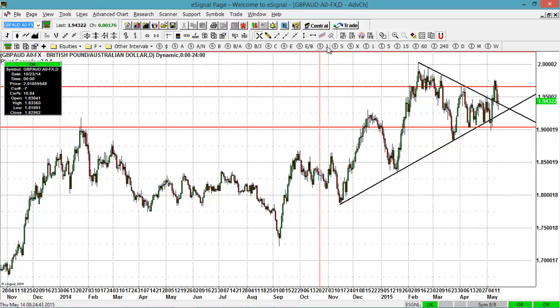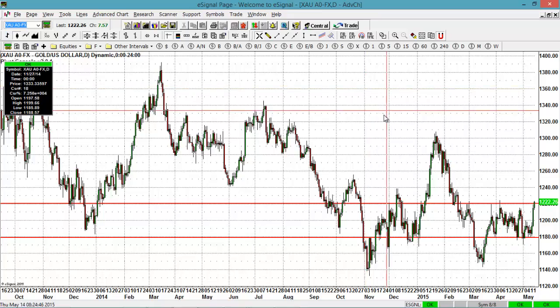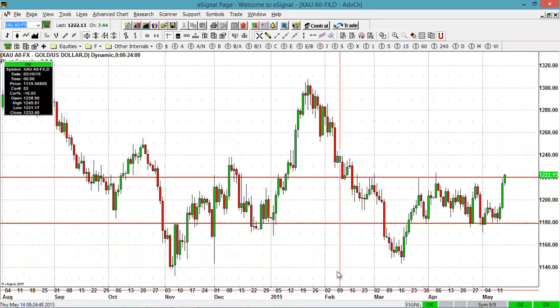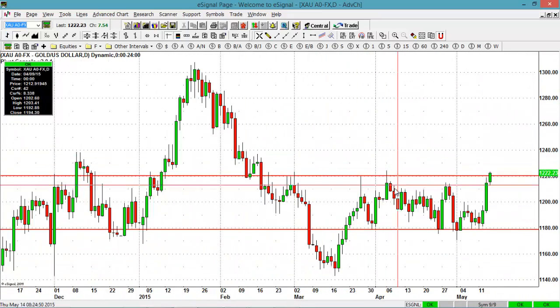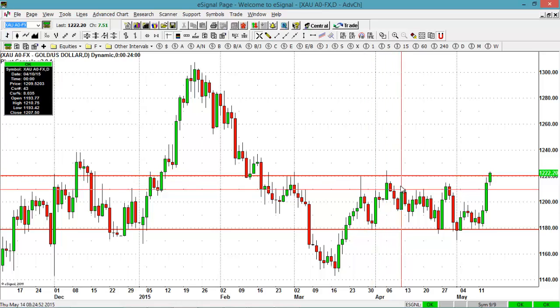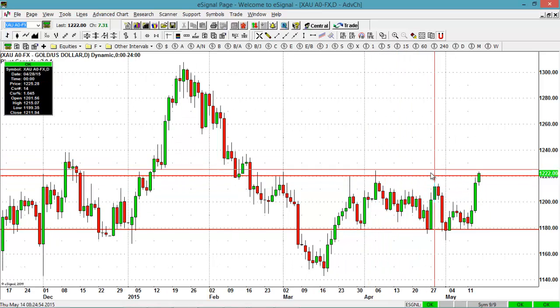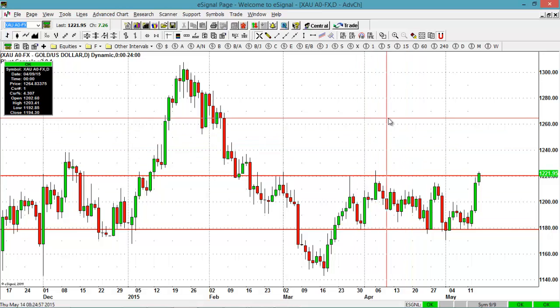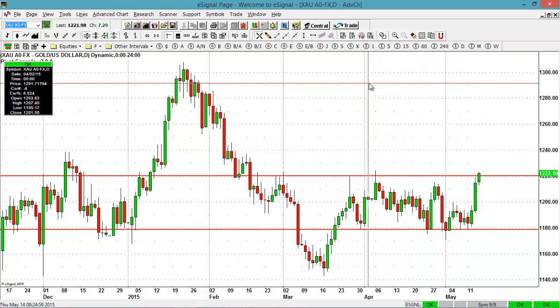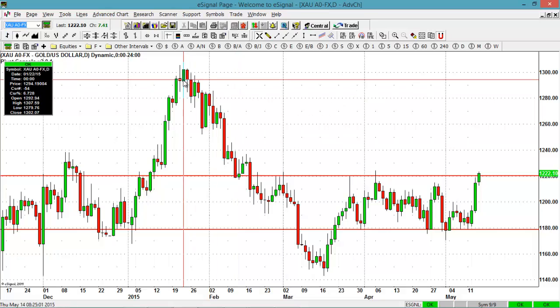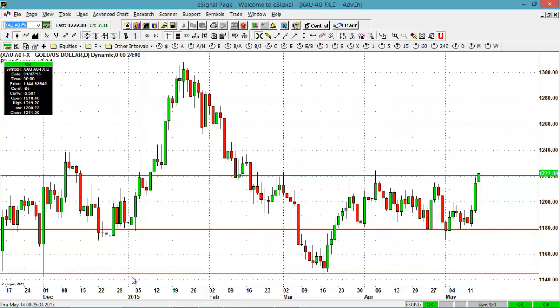Taking a look at gold, gold currently wants to break out of this channel that you can see here, and if we close above this channel, that will be fairly bullish for gold, and the next area of resistance will be that 1310 to 1320 level.